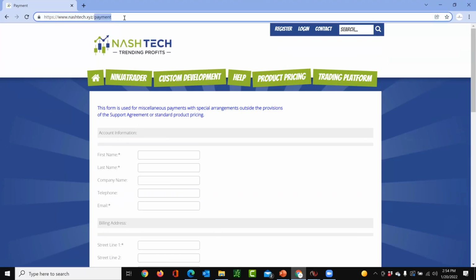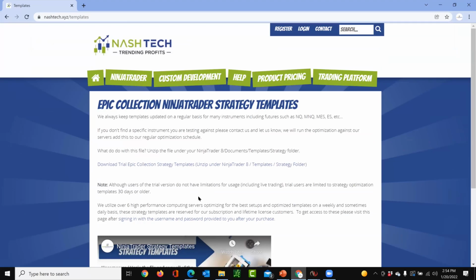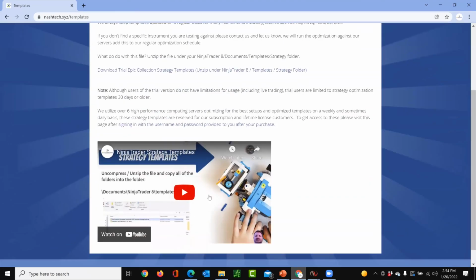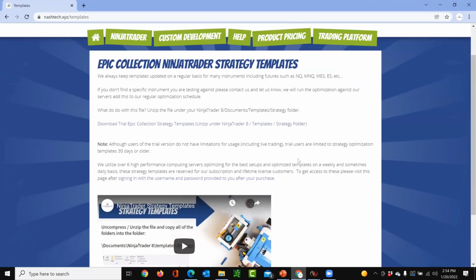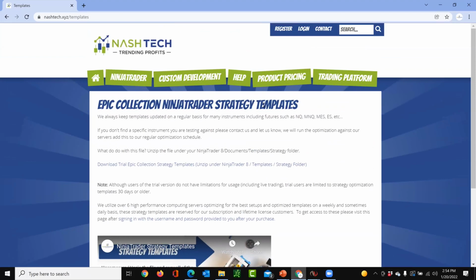Anything else? /templates is going to give you some information on how to download and install different templates. This can be helpful so you're not having to reinvent the wheel all the time with what's best with MNQ, what's best with NQ. It can basically help save you time. We also have a great blog if you guys are looking for tips and tricks, especially with Strategy Analyzer.